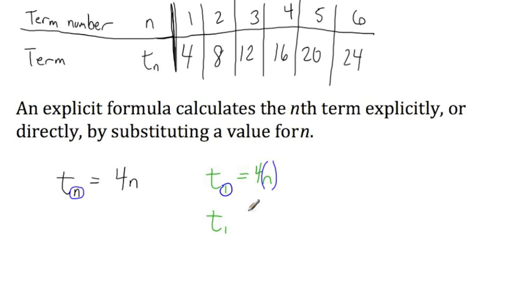So t sub 1 equals 4 times 1, since I'm generating the first term. T sub 1 equals 4 times 1, which is 4.